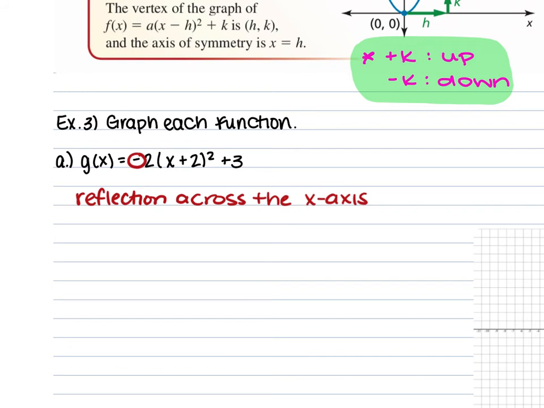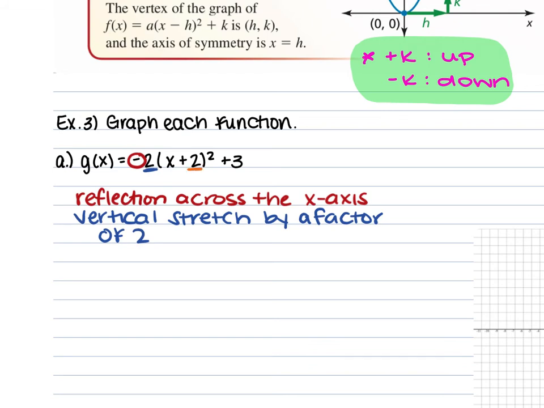From here, the next number that we see is that 2. That 2 is a number that is greater than 1, so that means we have a vertical stretch by a factor of 2.